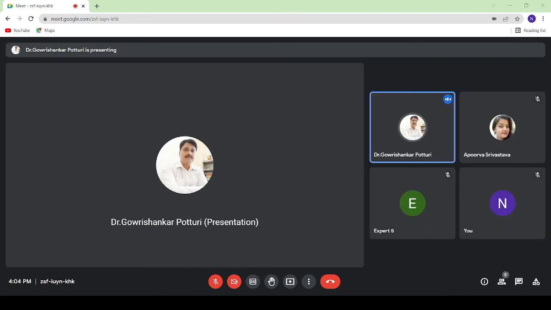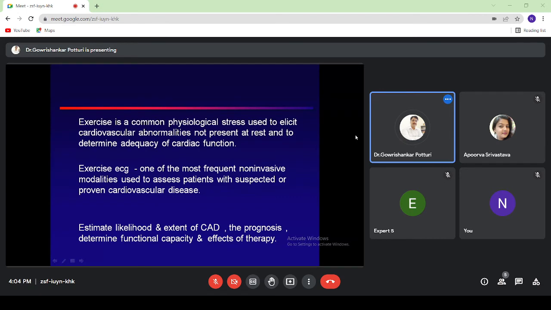Exercise ECG is one of the most frequent non-invasive modalities used to assess patients with suspected or proven cardiovascular diseases. It estimates the likelihood and extent of coronary artery disease, the prognosis, functional capacity, and effects of therapy.